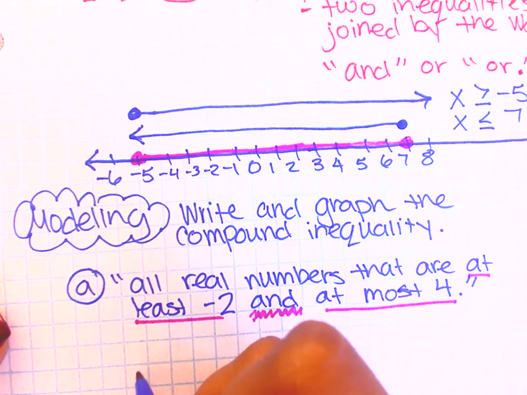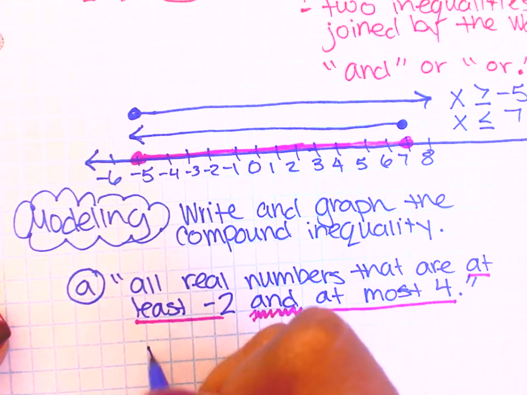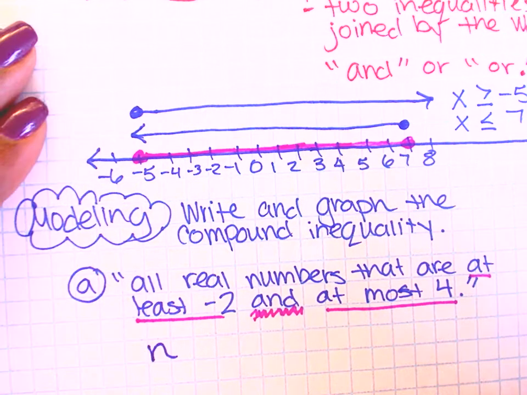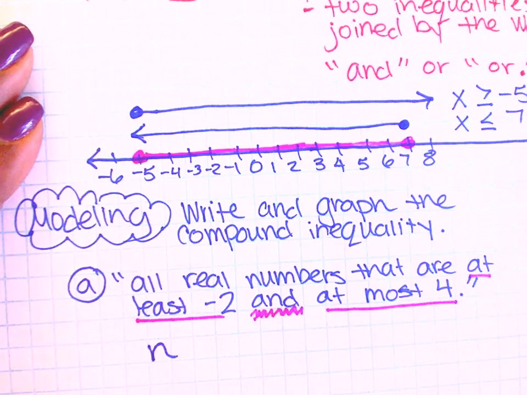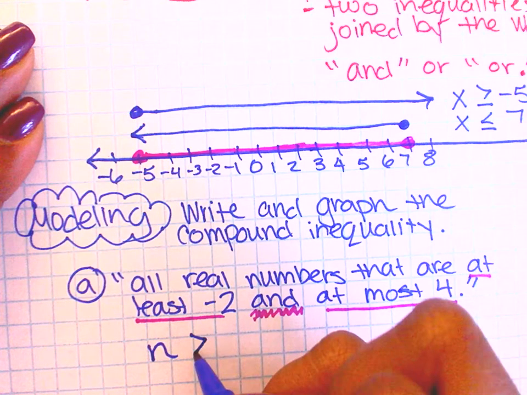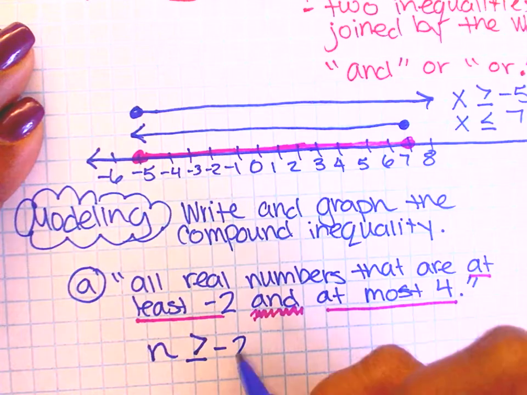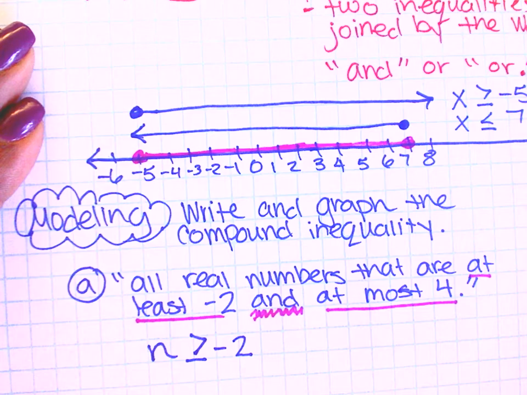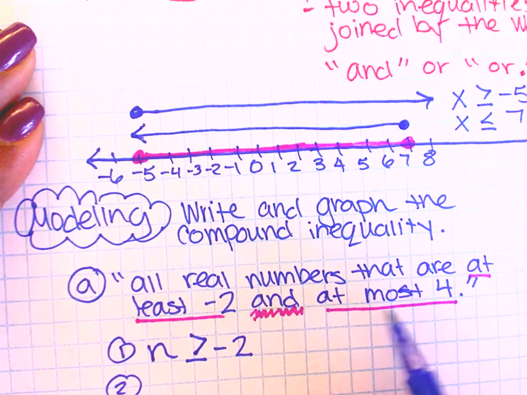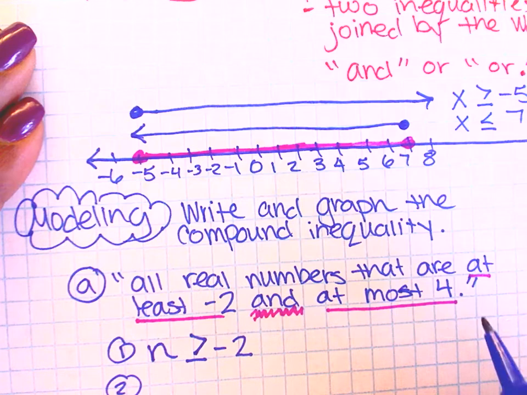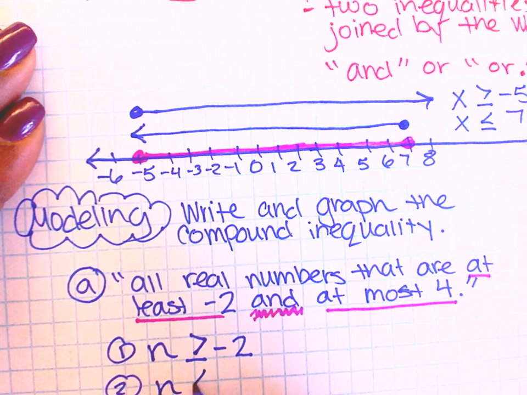I'm going to write n, that's what I'm going to use as my variable, you can do x or whatever you choose, is at least -2, so that means it's -2 or anything higher. That's my first one. And my second one is it's at most 4. So n can be 4, but nothing higher.